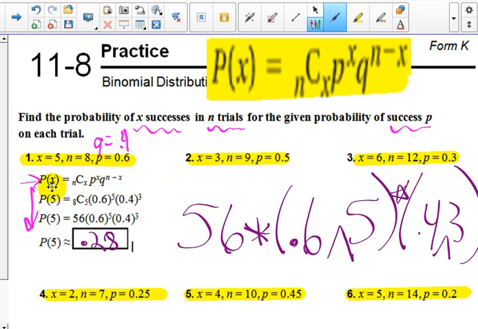So there's everything. Now let's go. P of 5 is equal to 8C5. And when you plug in 8C5, you get 56 times 0.6 to the fifth power times 0.4 to the n minus x, which is 8 minus 5, the third power. So now the last thing is just calculations on the calculator. So it's equal to 0.28.